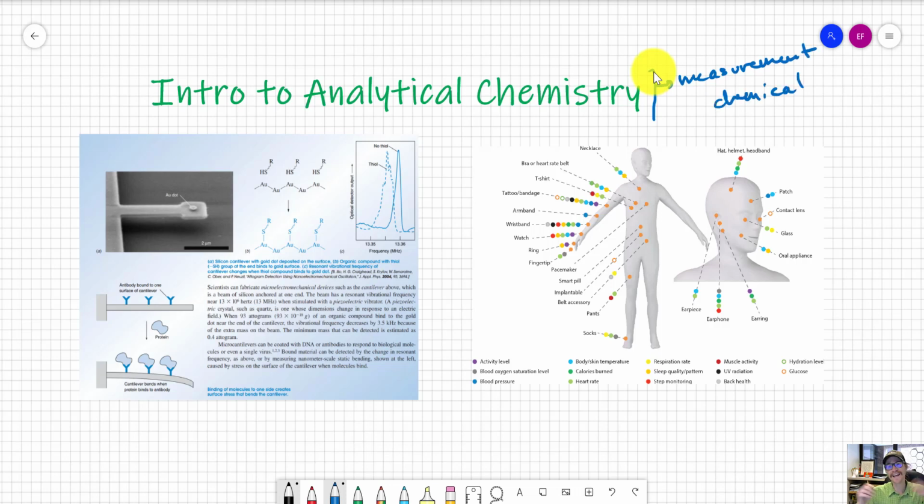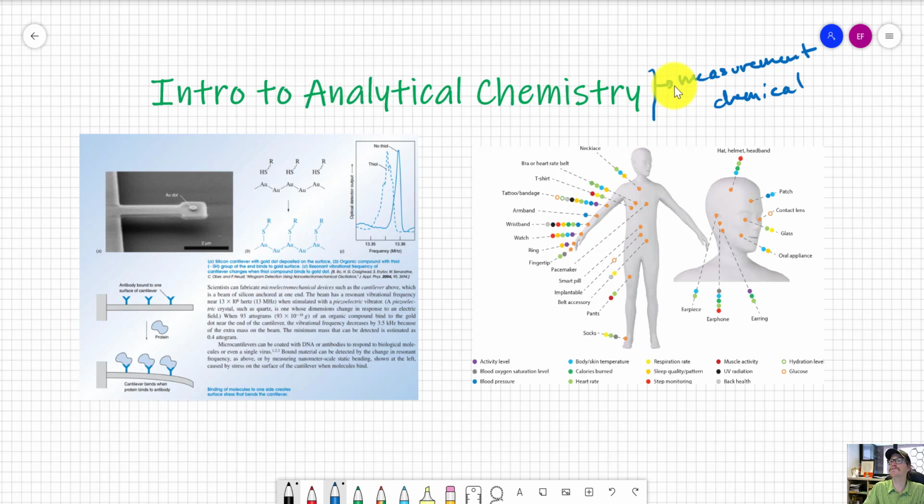And that can be in any medium. That can be in the human body. That can be in the environment. It can be in a chemical research lab, whether you're doing synthesis or anything. You have to have tools and techniques to know how much of that stuff do I have? You also have to have techniques that allow you to identify if there's even something there to begin with.